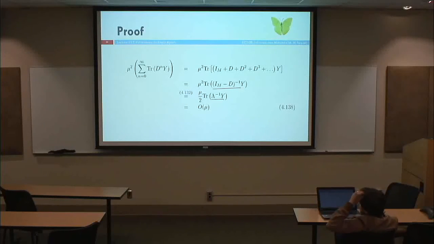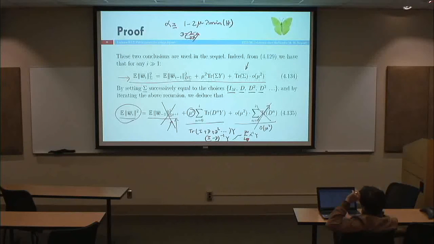Trace of lambda inverse Y. And this quantity is actually, okay, because remember, H inverse is U lambda inverse U transpose. And Y is, what was the definition of Y?